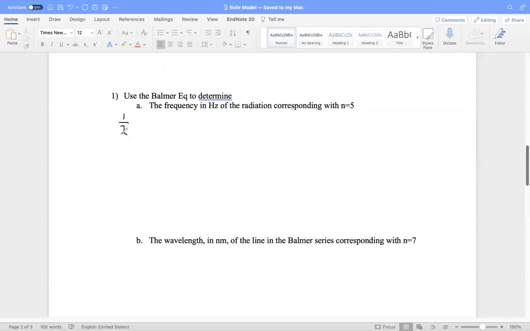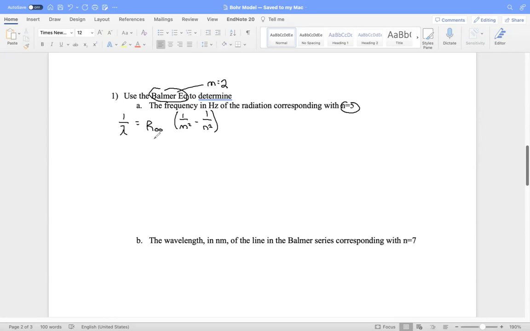So let's write out the equation we'll be using. 1 over lambda equals our Rydberg constant times 1 over m squared minus 1 over n squared. And we are given that n equals 5. And this is the Balmer equation. We're using the Balmer series here. And so m is going to equal 2.